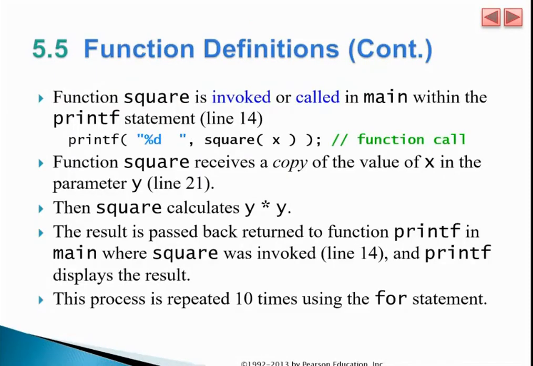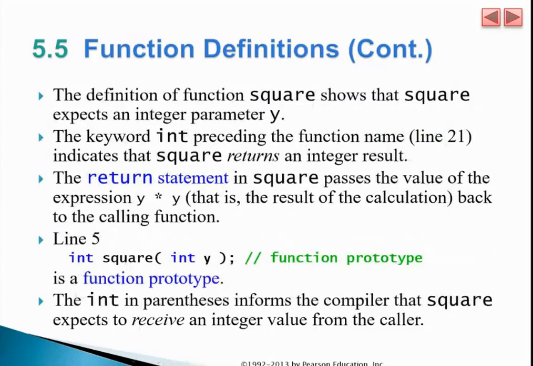See what happened actually. Function square is invoked inside the main function, and then function square receives a copy of x. Whatever the value of x is, it will receive that value, and y becomes that value. And accordingly, the function will work, right? So this will happen 10 times actually.